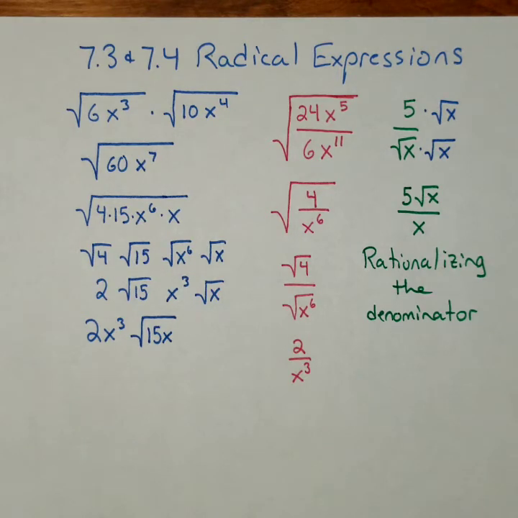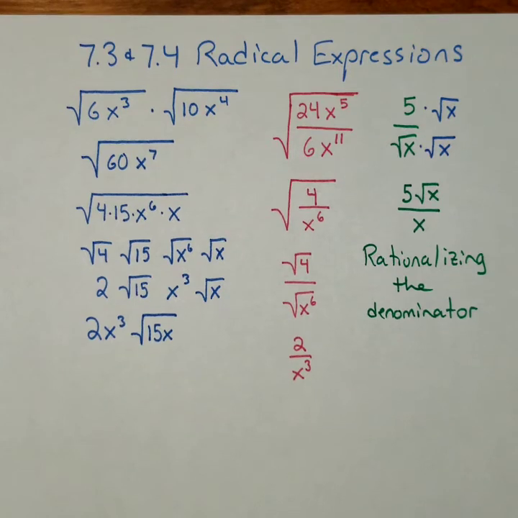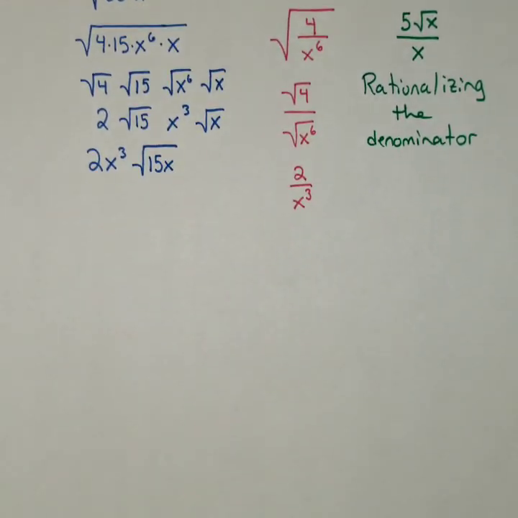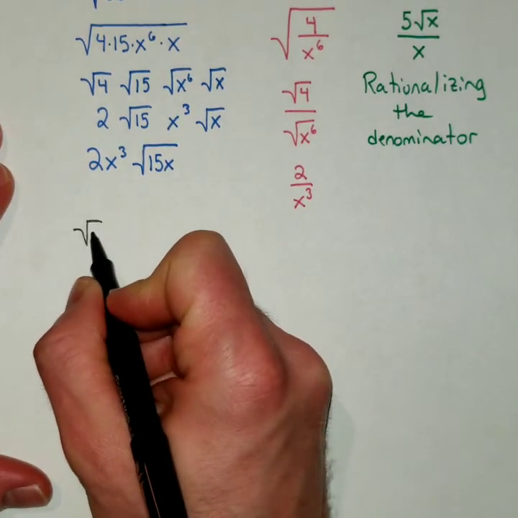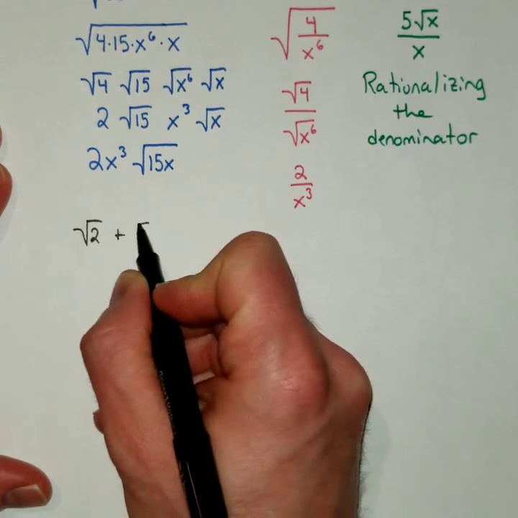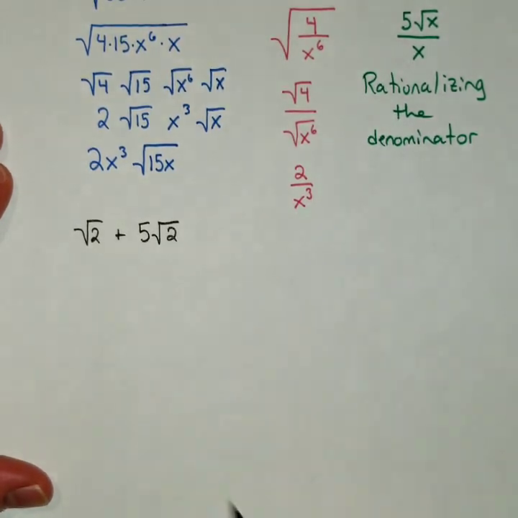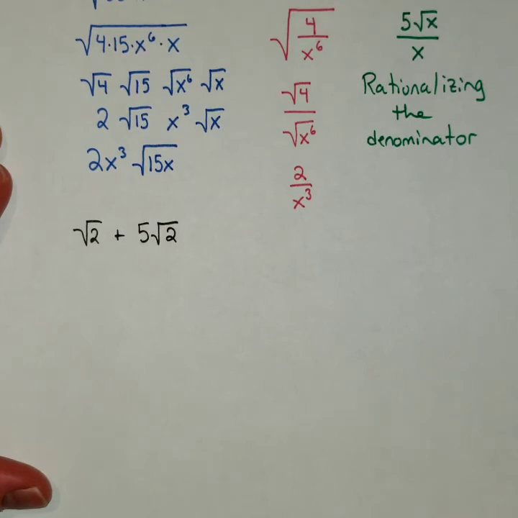All right, very good. Now, the last thing we got to look at here is looking at adding and subtracting roots. And the thing about adding and subtracting roots, you got to think about roots as kind of like terms. So if I had the square root of 2 plus 5 times the square root of 2, well, how many root 2's do I have?